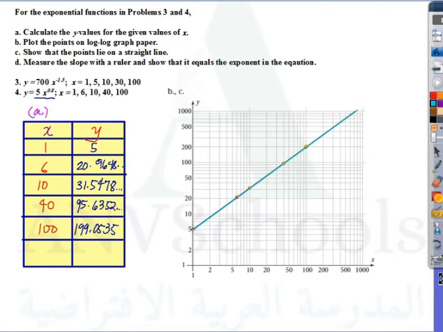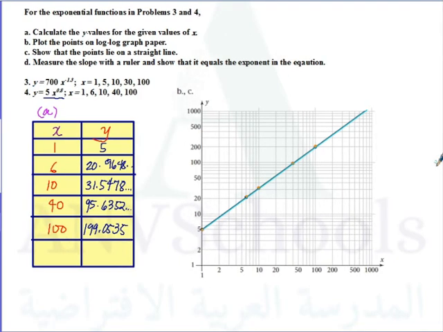Just to emphasize, these are the points. Once we have this graph, we could tell that this is a straight line following the log graph paper. So for letter D, to measure the slope, it's the same thing with what we did last time in getting this slope.